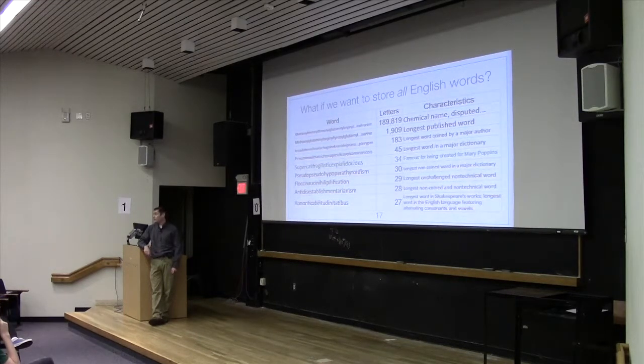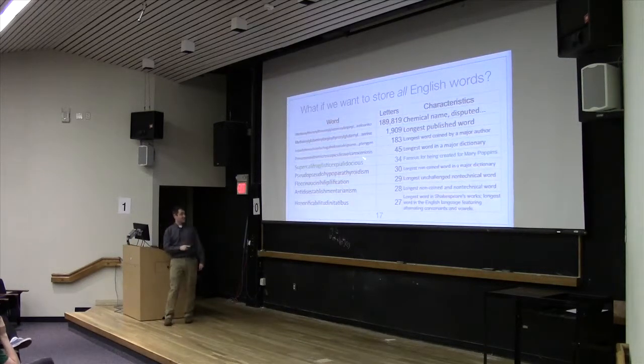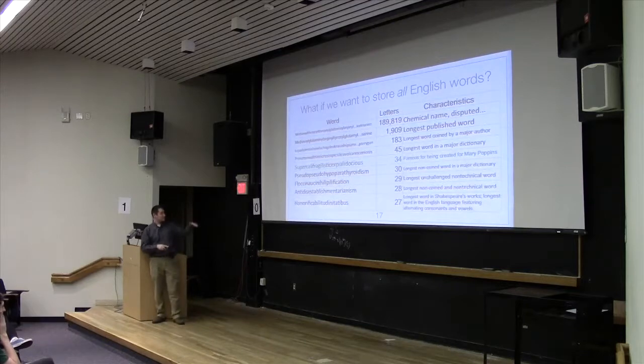I have no idea what it means, right? Longest word in a major dictionary, like you go to a regular dictionary and you'll find a word that's 45 letters long, pneumano, I don't even know how to pronounce it, et cetera, right? Supercalifragilisticexpialidocious, 34, et cetera. Okay? And we can go down to Shakespeare, longest word. He used a word that's 27 letters long.